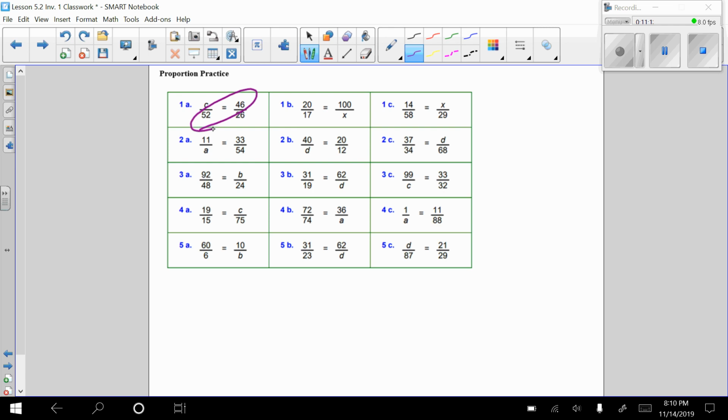And then I have to divide by this lonely guy right here, 26. And I'm going to find out that C equals 92. Because if I took 92 times 26, it's also going to equal 2,392. Go ahead and give these a practice right now, and then we'll talk about it tomorrow.